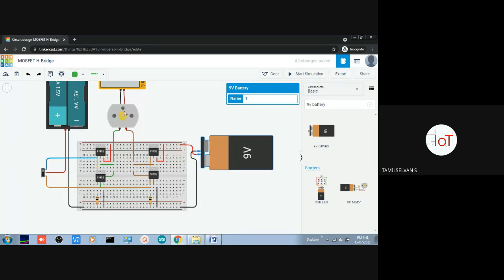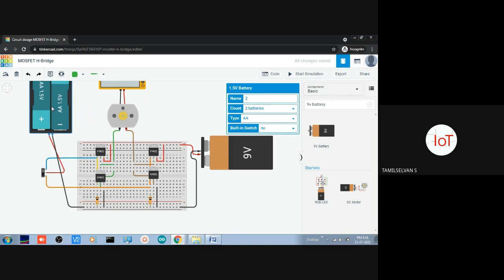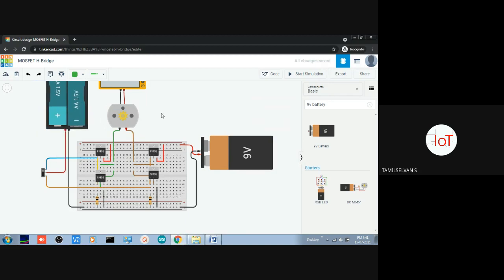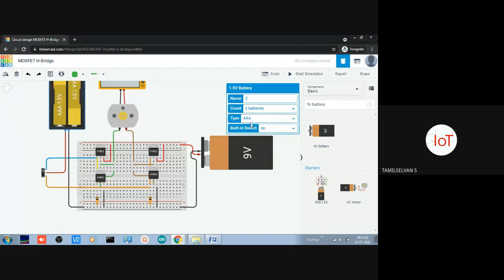Okay, so this is the motor and this is your battery for energizing this particular motor alone. And next one, the biasing voltage for my transistors. Here I have used an AA cell battery. If I click onto this battery, you can see the type. It is an AA cell battery type. If I wish to add an AAA cell battery, you have a chance.